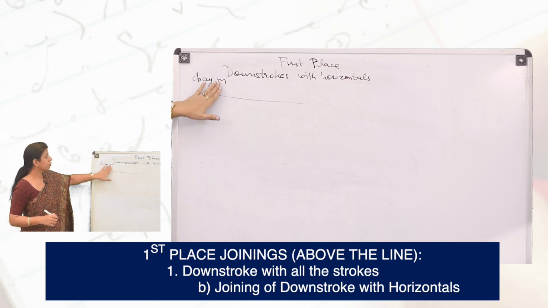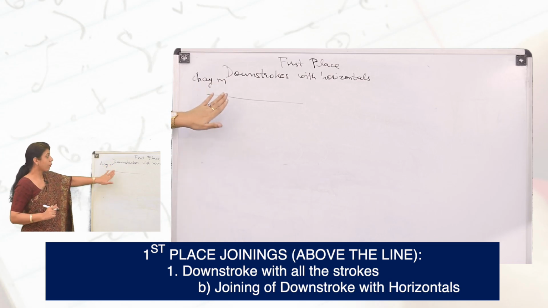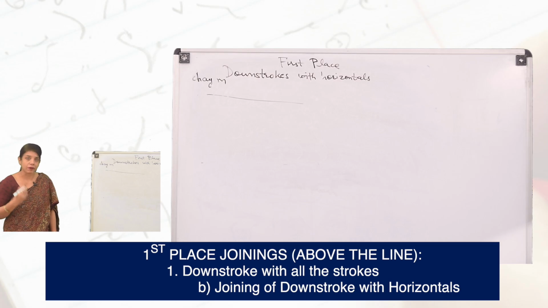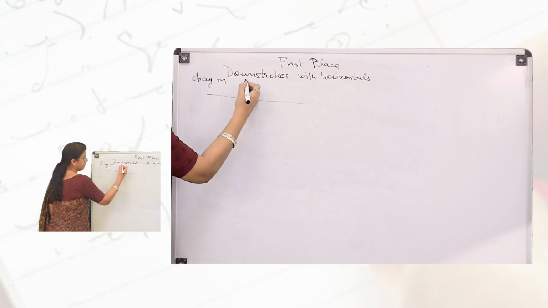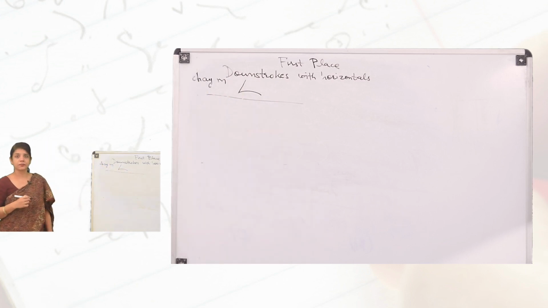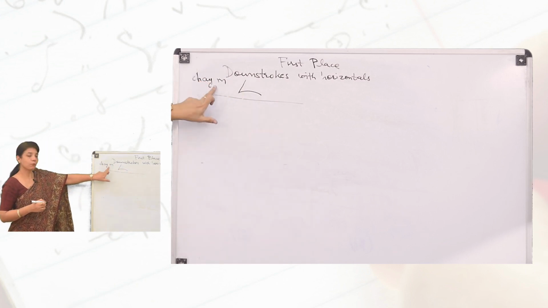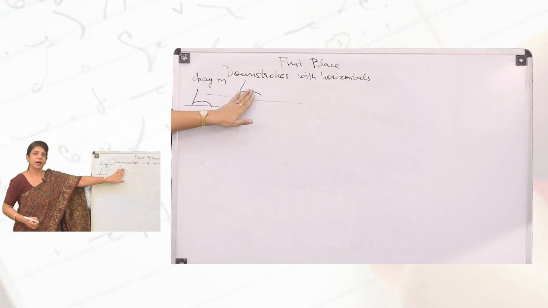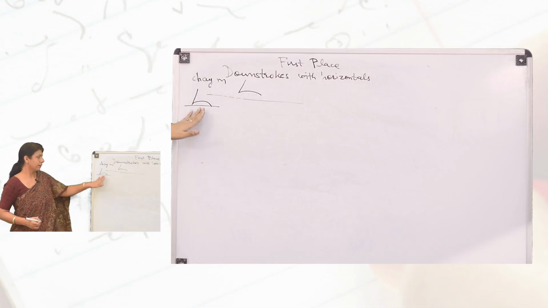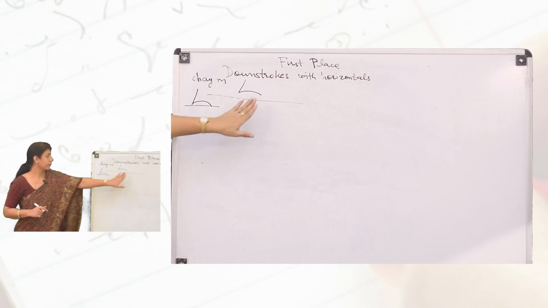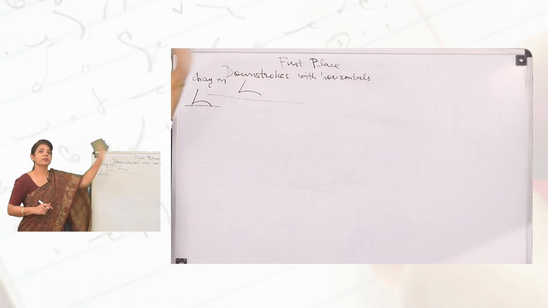So in case we have to join this at first place, what we have to keep in mind, that the outline of Che should be made above the line. And wherever Che ends, M begins. And how to join the same combination at second place? Now, can you easily differentiate? This is Che M at second place. This is Che M at first place.